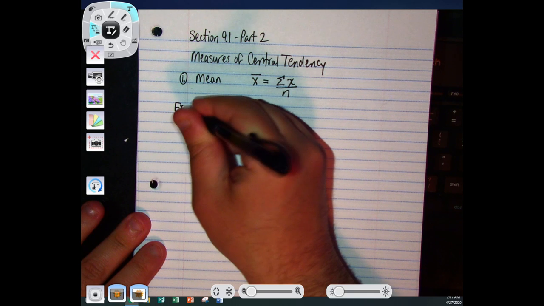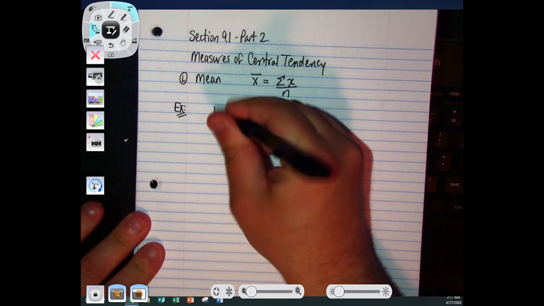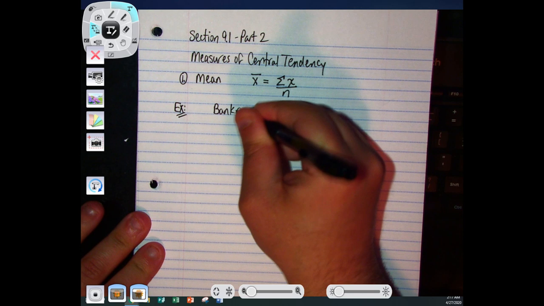So for example, let's say that we're looking at bankruptcies as an example.